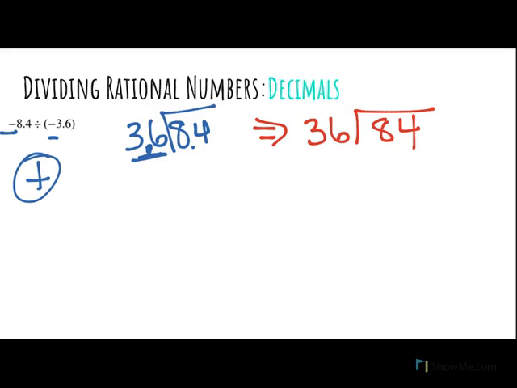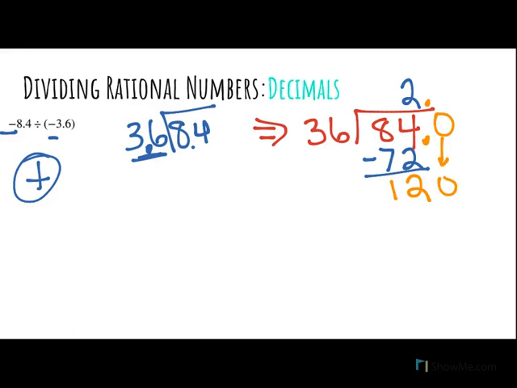Okay? All right, now 36 goes into 84 twice. So 2 times 36 would be 72. So if I subtract those, I end up with 12. Now I'm at the end of my number here, so I need to put a decimal if I'm going to keep going any farther. I can add a 0 as a placeholder and then bring that down.